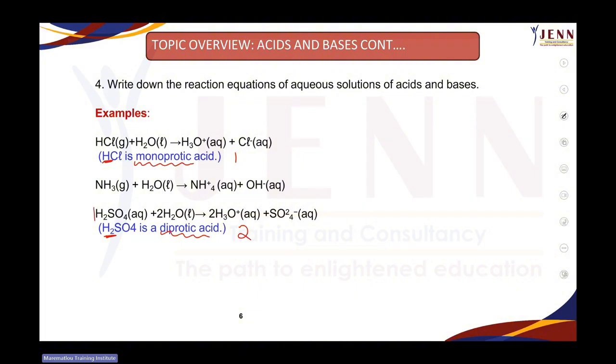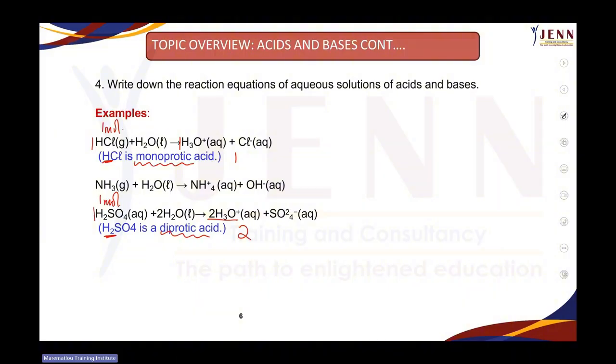Why? 1 mole of sulfuric acid will produce 2 moles of hydronium ions, whereas 1 mole of hydrochloric acid will produce 1 mole of hydronium ions. If you have 1 mole of hydrochloric acid and 1 mole of sulfuric acid, they are both strong acids, by the way, and they ionize completely.